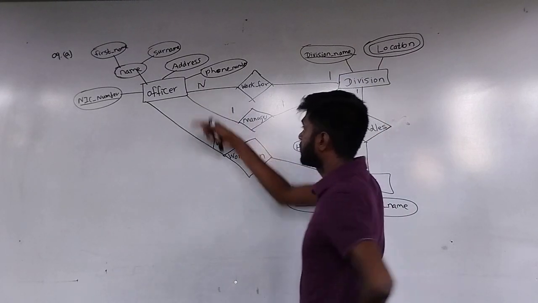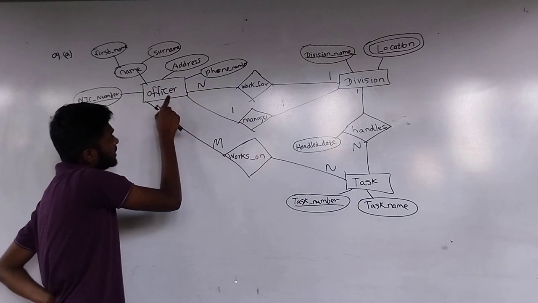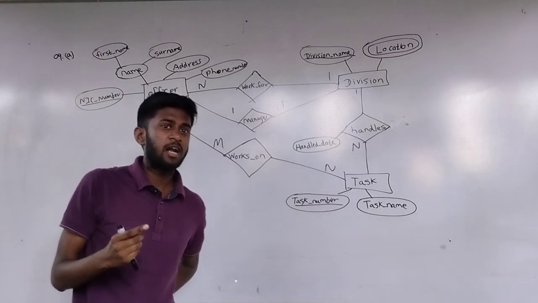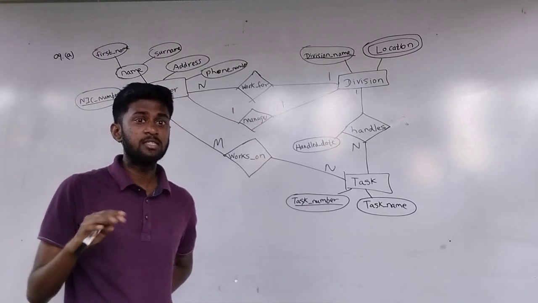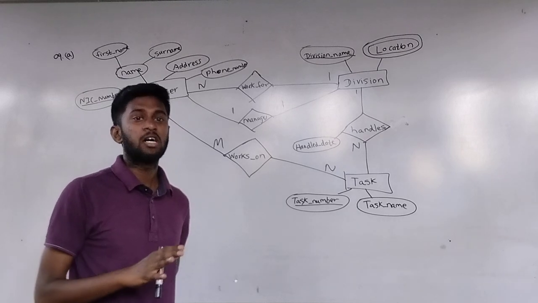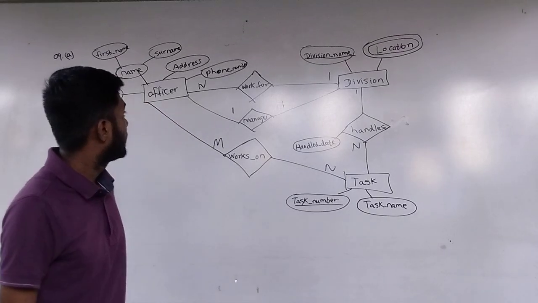So this side 1. Now imagine you are the officer, you manage one division. So 1 to 1 is the cardinality. If this cardinality is confusing, I have done this more clearly in the previous video, so that's why I am going fast now. You can watch it on our YouTube channel if you haven't watched it.